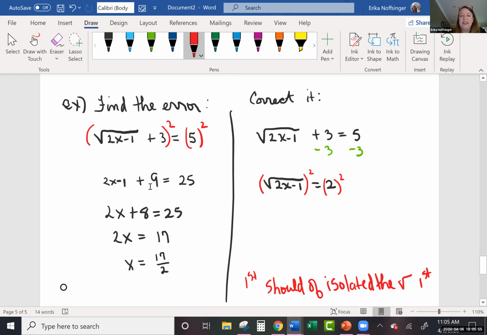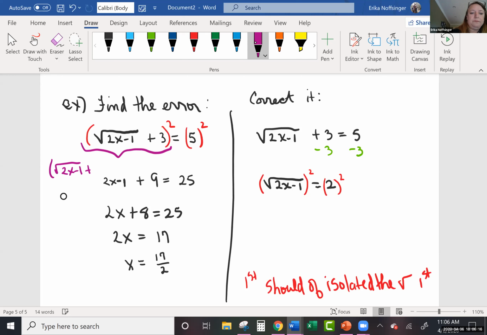The other thing that they did wrong is when they squared both sides of this equation over here, they did that wrong also. Because notice when you are squaring, let me use a different color. This right here, this should have been the square root of 2x minus 1 plus 3, all times the square root of 2x minus 1 plus 3.